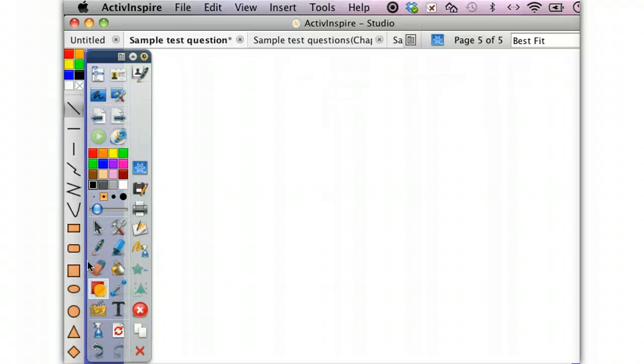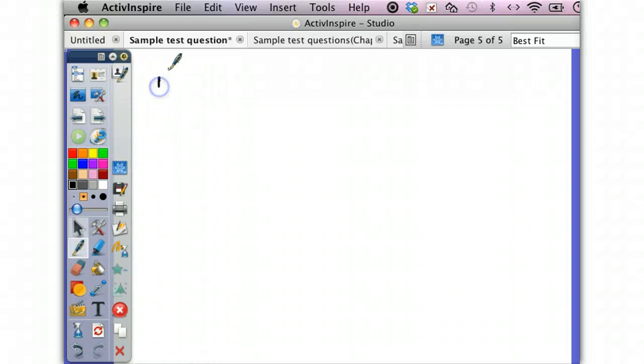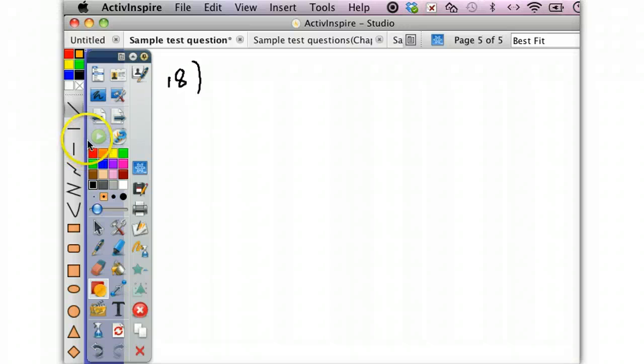I'm going to look at number 18. Let's draw that real quick.